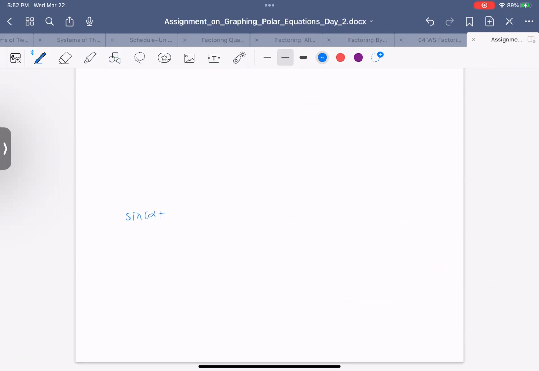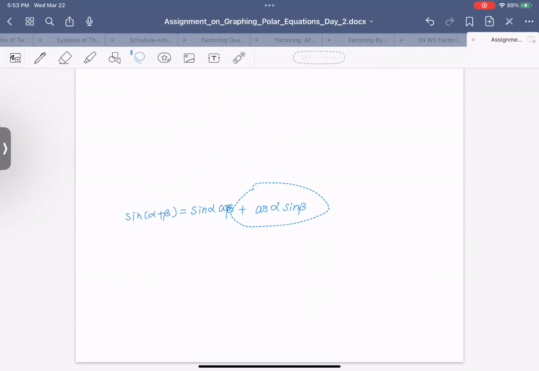What is sine alpha plus beta? That's a formula we learned a long time ago, right? I don't remember. This is sine alpha times cosine beta plus cosine alpha times sine beta. Correct? Okay.